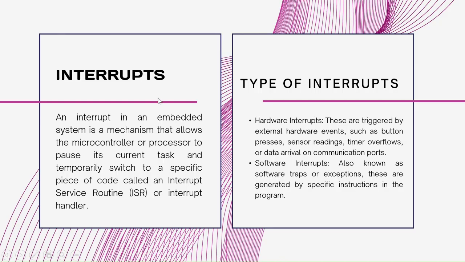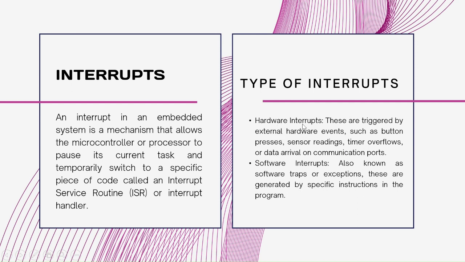So what are interrupts? An interrupt in an embedded system is a mechanism that allows the microcontroller or processor to pause its current task and temporarily switch to a specific piece of code called an ISR. What are the types of interrupts? There are two types, hardware and software.